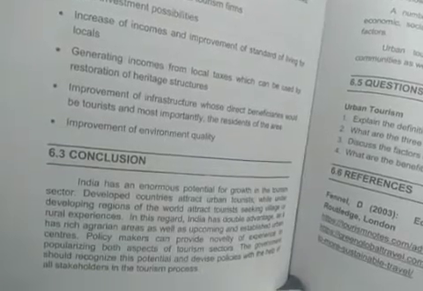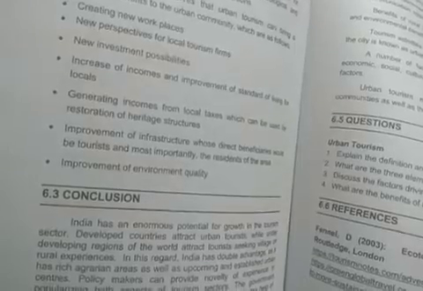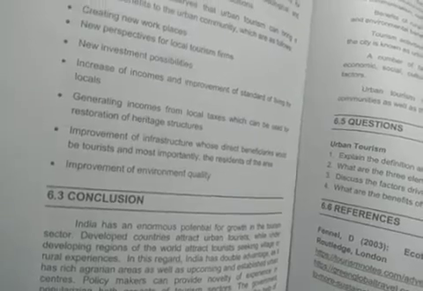So, in conclusion, India has an enormous potential for growth in the tourism sector. Developed countries attract urban tourists, while underdeveloped regions of the world attract tourists seeking village or rural experiences. In this regard, India has a double advantage, as it has rich agrarian areas as well as upcoming and established urban centers.